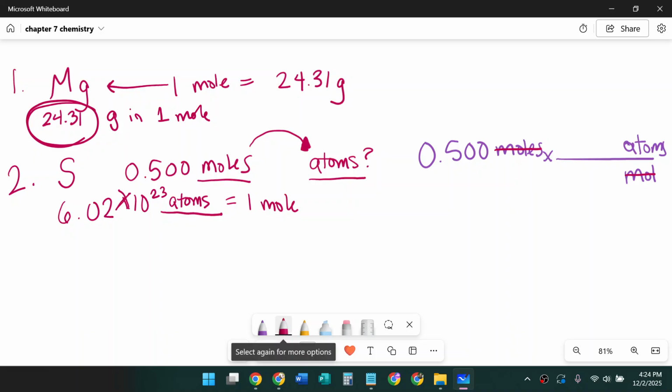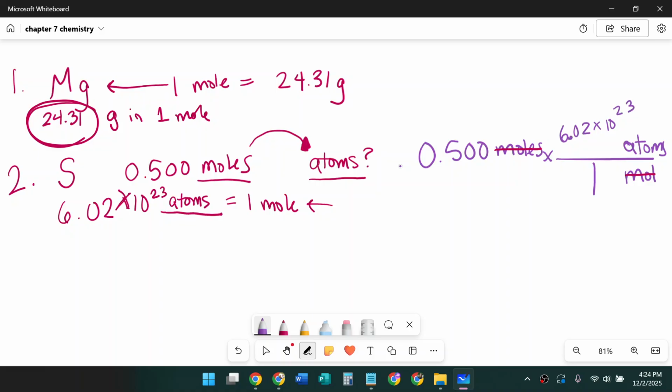So I just have to set up this fraction right here so that the top and the bottom, when I consider what their units are, equal 1. So how many atoms are in 1 mole? Well, that is what this thing right here is all about. So in 1 mole, I have 6.02 times 10 to the 23.